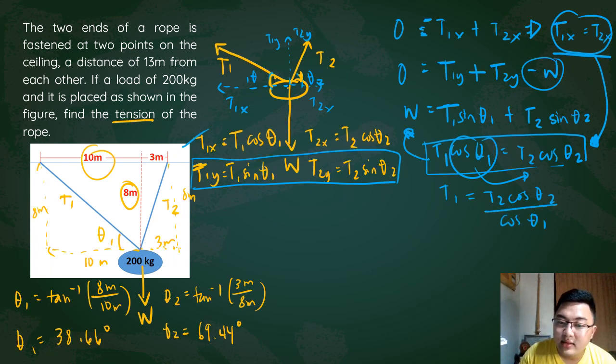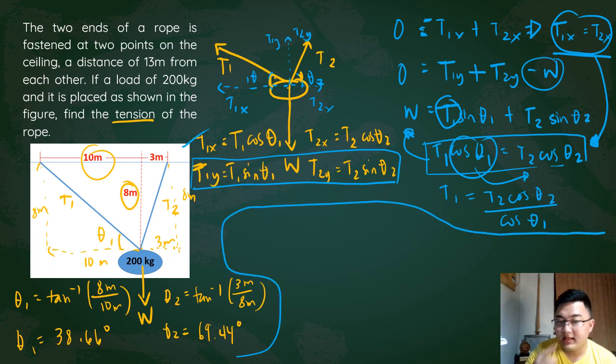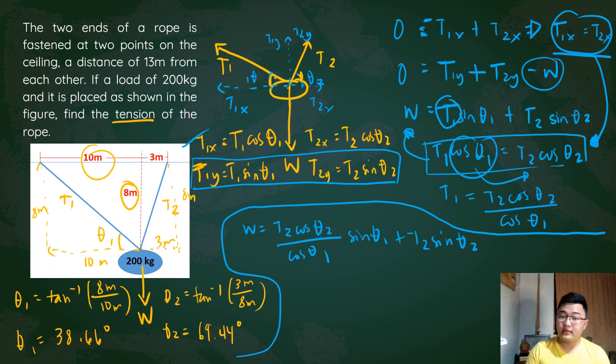So if T1 is equal to this expression, then we can substitute that in this expression, which will give us W equal to T2 cosine theta 2 over cosine theta 1 times sine theta 1 plus T2 sine theta 2.